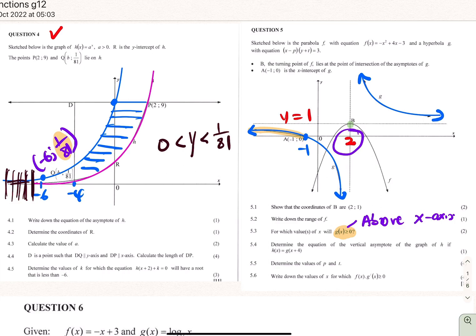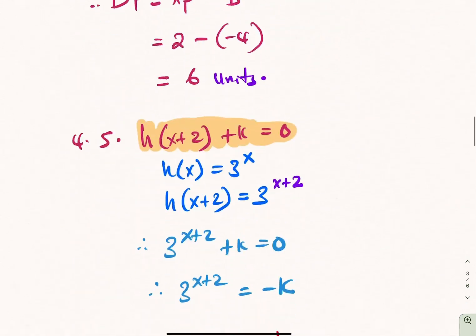Okay. So you're given that is the equation of g, by the way. Okay, so that is (x minus P) into (y plus T) is equal to 3. Okay, that should be very easy.